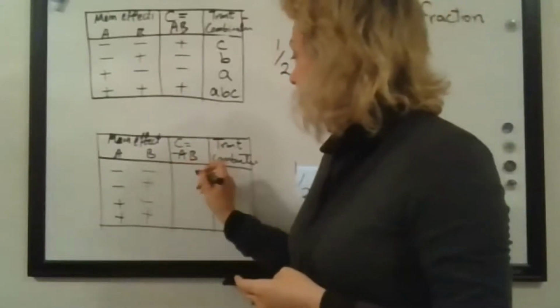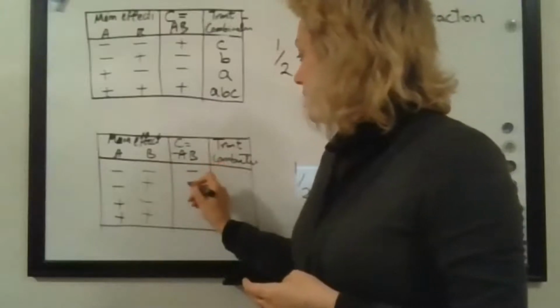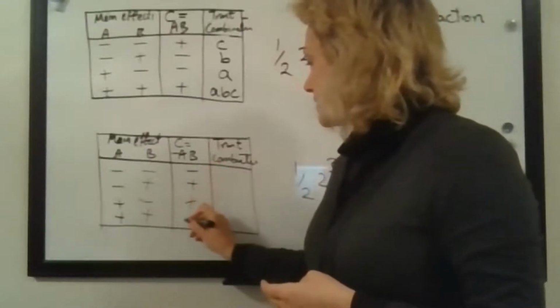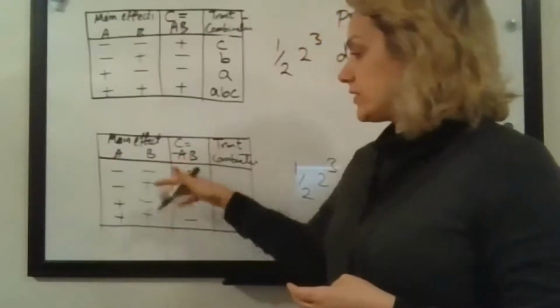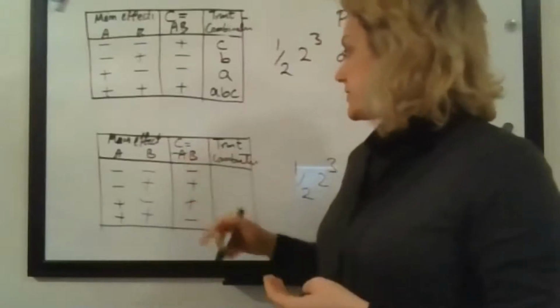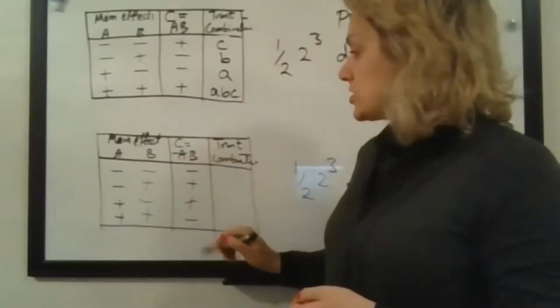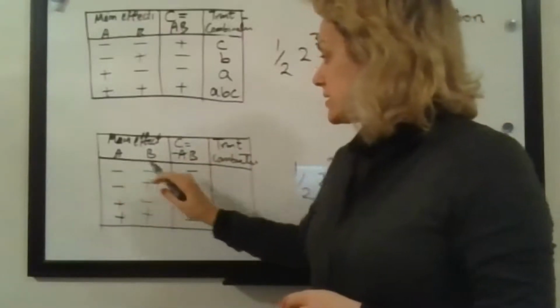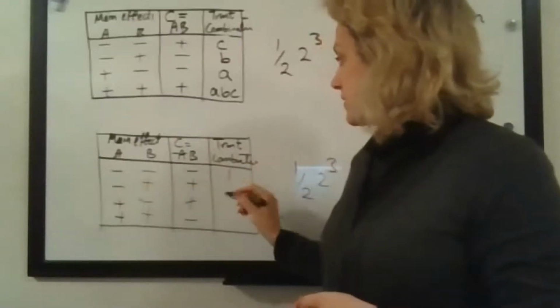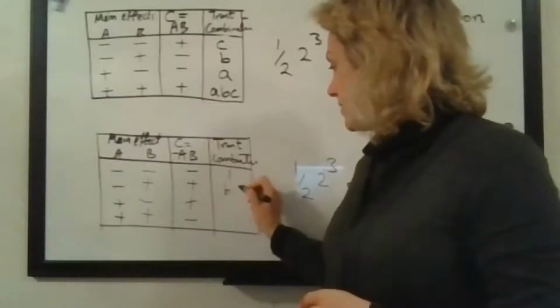So what's going to happen here is negative, here positive, here positive, and here negative, right? But when you multiply them, you multiply by the negative sign. So the treatment combination here is minus, minus, minus, so it's going to be 1. This one is minus, positive, positive, so it's going to be BC, right?